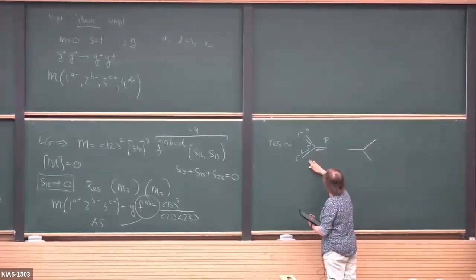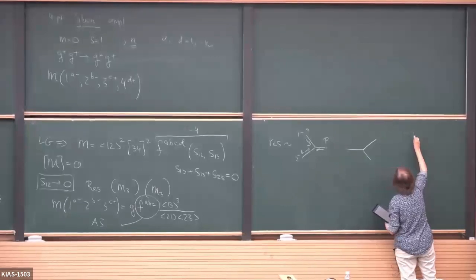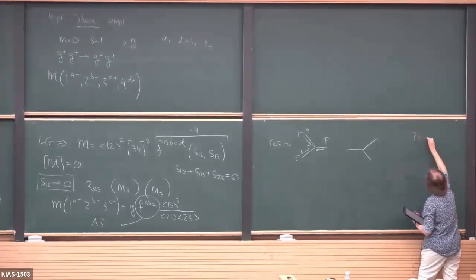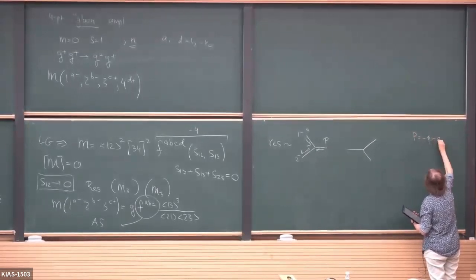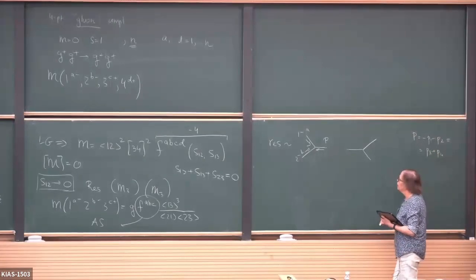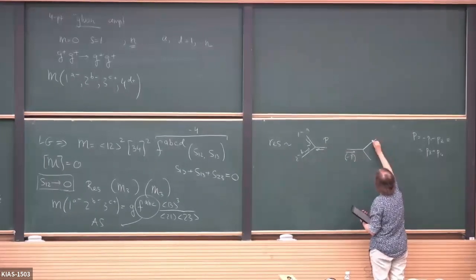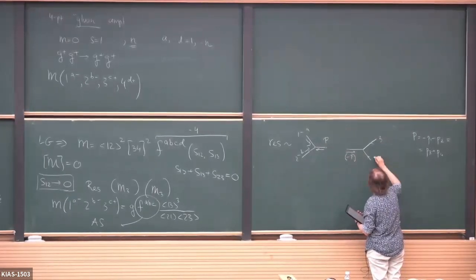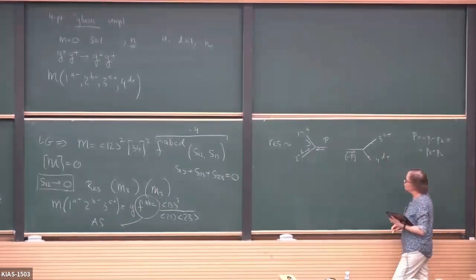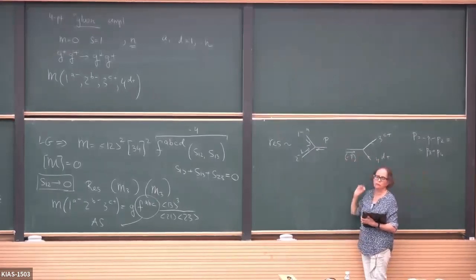So P is equal to minus P1 minus P2, and it's also equal to P3 plus P4. And then on this side, I have minus P coming in, and we have 3 and 4, which was C with plus and D with plus. So we need to take the product of these two amplitudes.